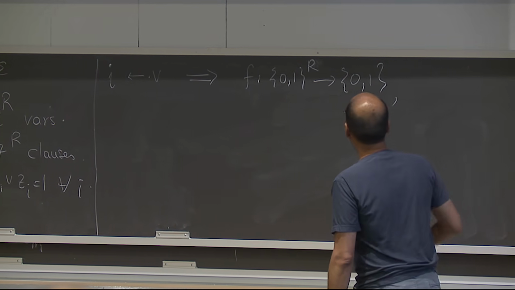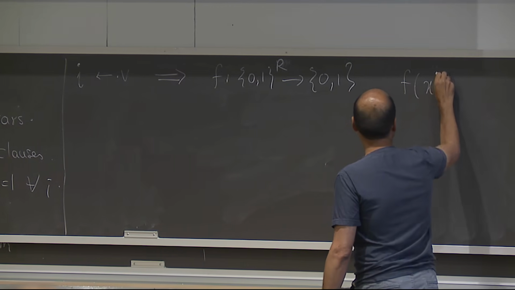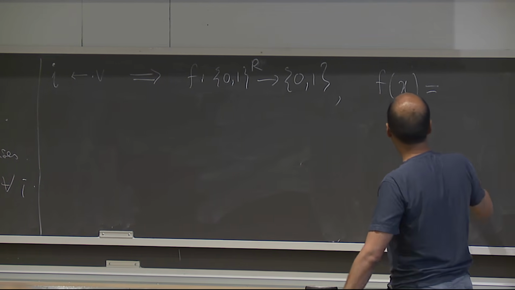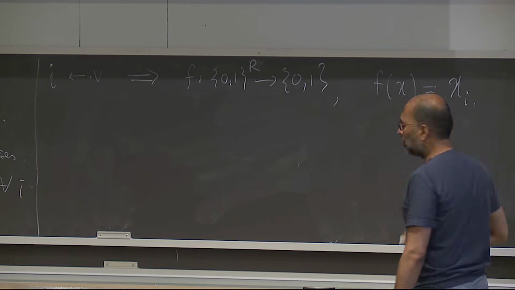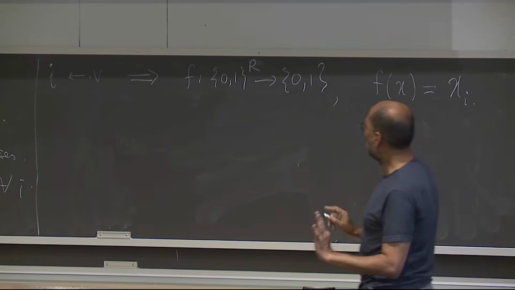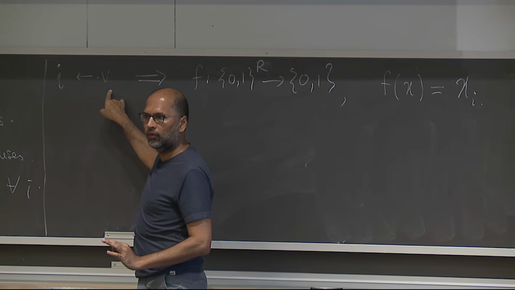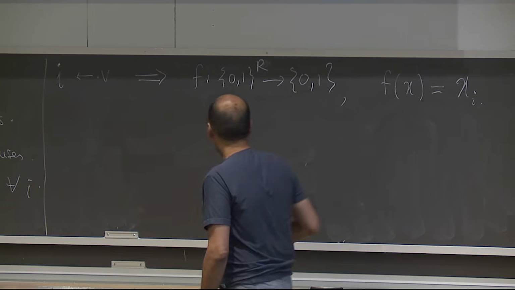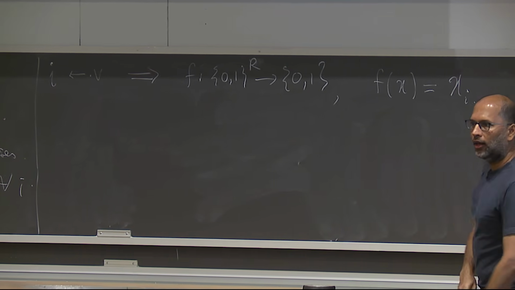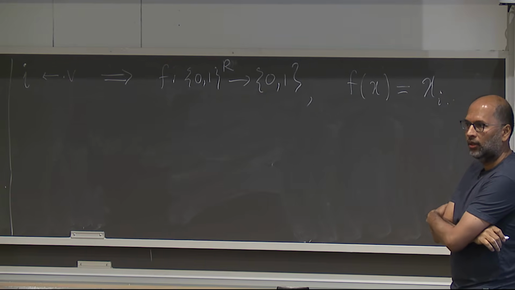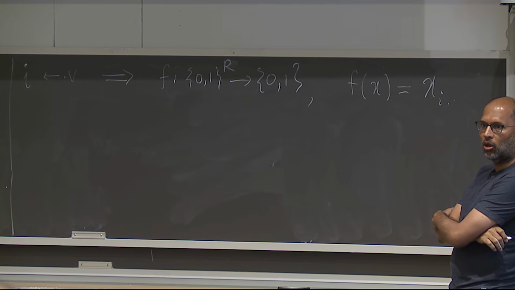And we are going to look at this particular function, what is called a dictatorship function. F of any input x is the specific ith coordinate, whichever was your intention to assign label number I to the vertex V. So suppose I do this. It's an assignment. Is it clear that it satisfies all clauses?